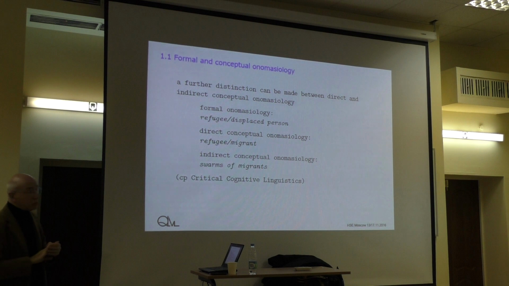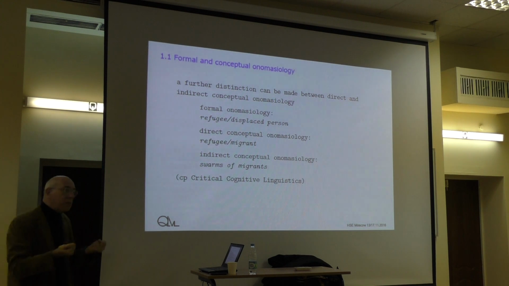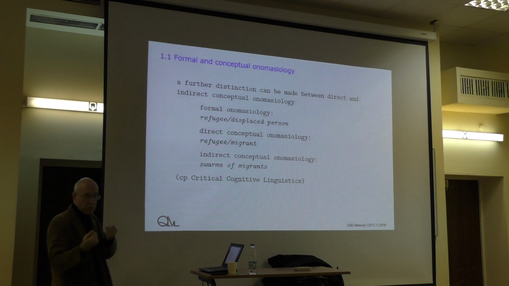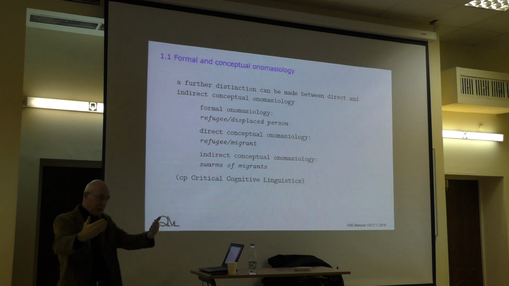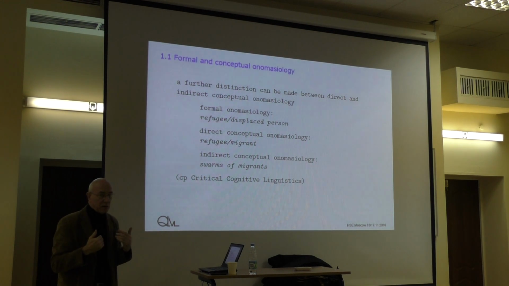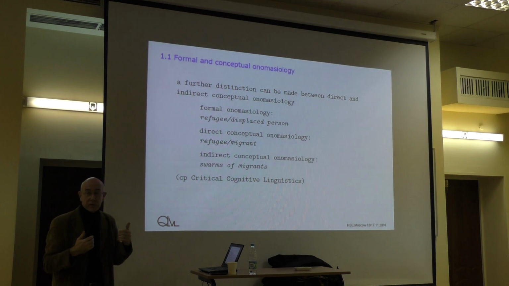On the other hand, if you talk about migrants as refugees, or refugees as migrants, that's already a conceptual distinction, because the claim that a migrant is making on his or her presence in a certain country is different from the claim that a refugee is making. So if people talk about people coming into a certain country either as refugees or as migrants, that creates a distinction on how you think about them.